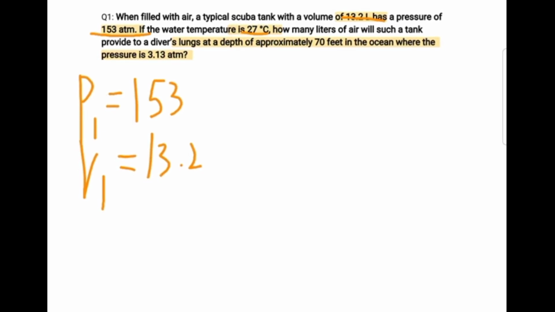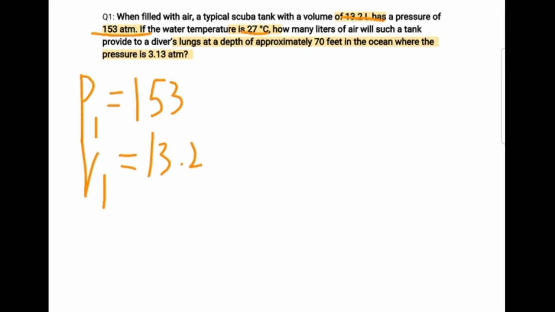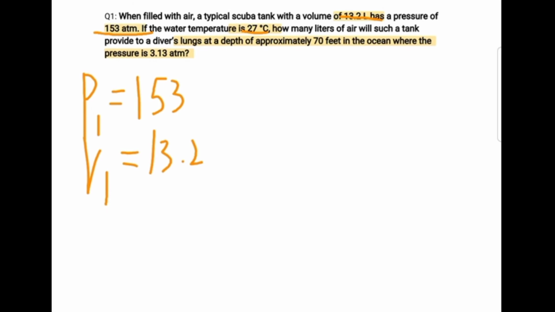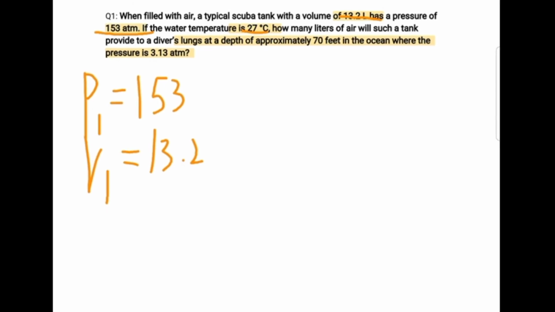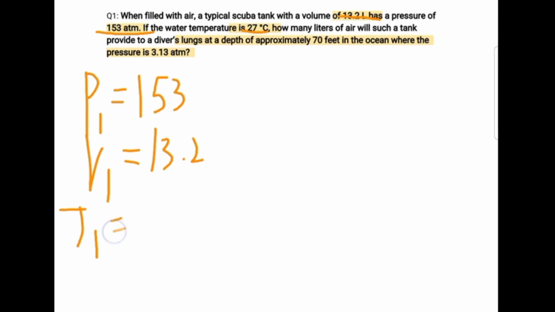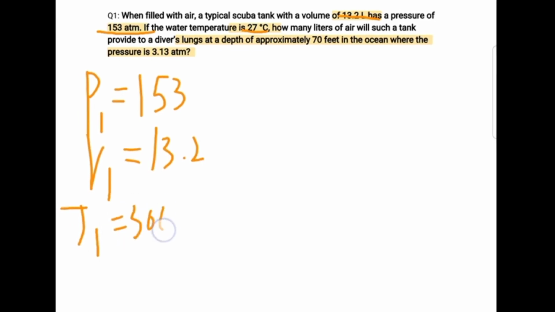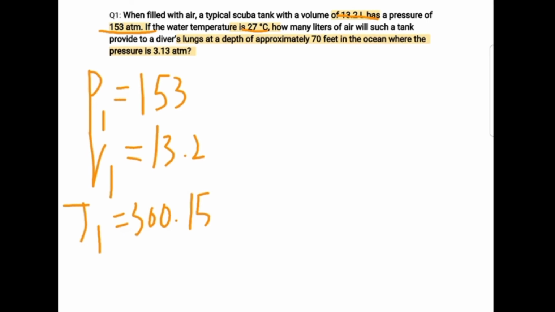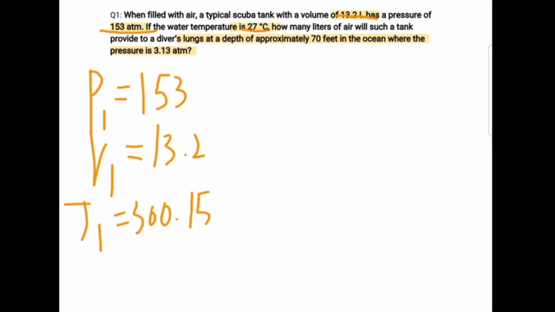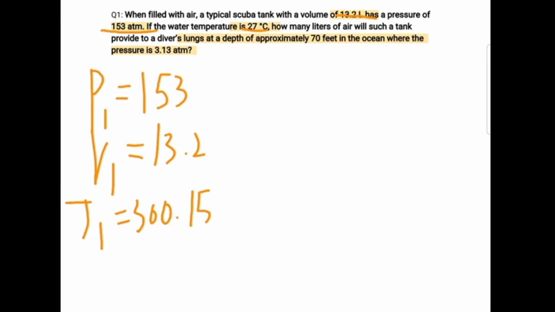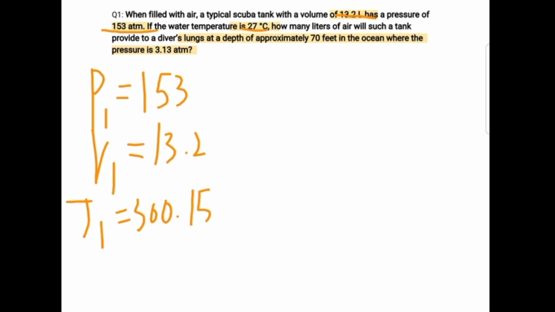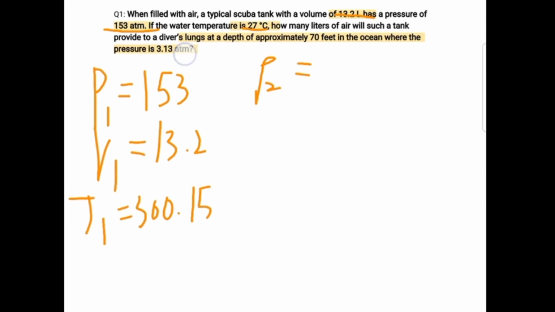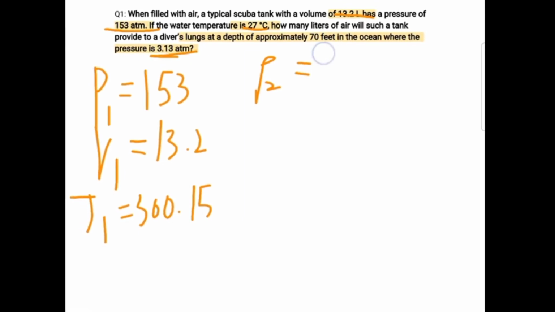So 27 plus 273 gives us temperature 1 equal to 300.15 K. And P2 equals 3.13 atm.